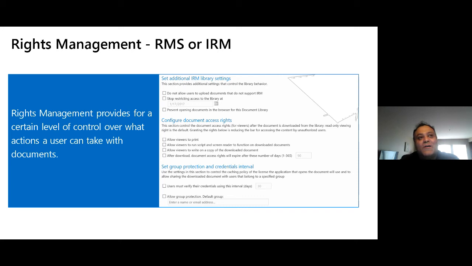But it's very important to define this so that people can't willy-nilly forward stuff. People can't willy-nilly download stuff onto their personal devices and share it outside the organization. And you should have control over what you will allow and will not allow during this process.